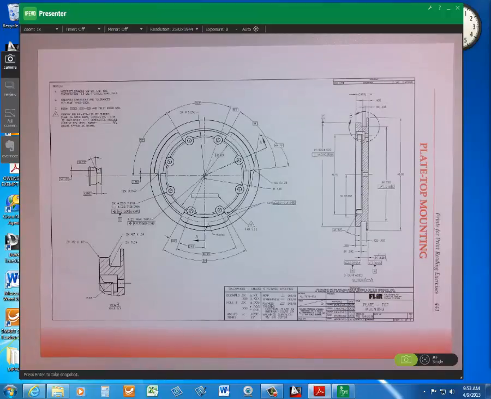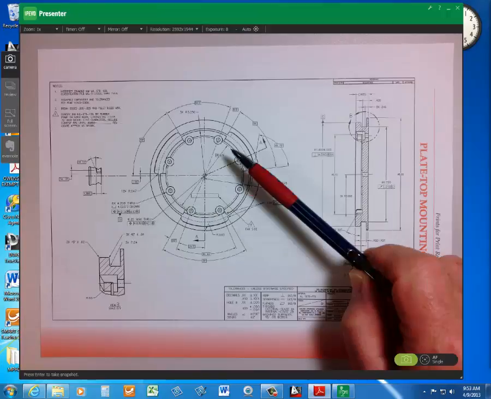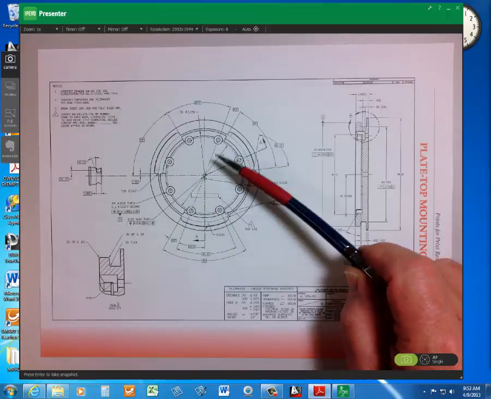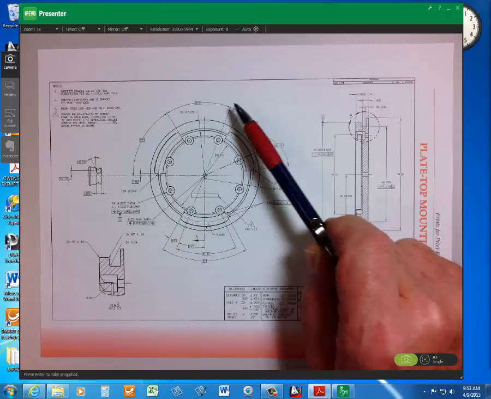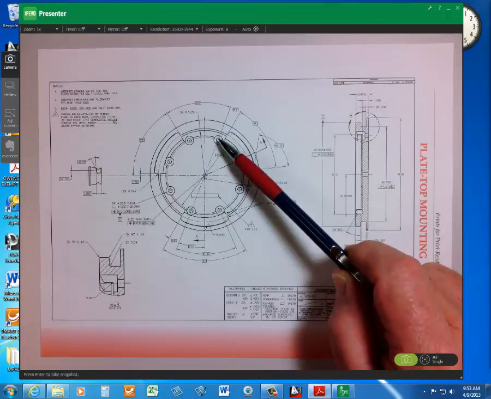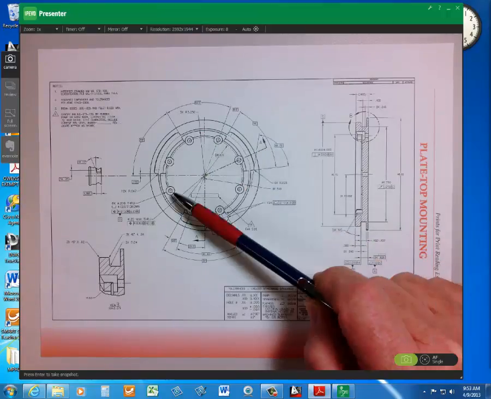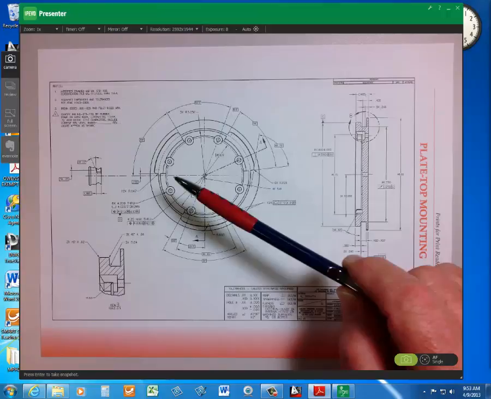Really? Kind of looks that way. You've got a diameter, and we've got an angle to locate that one. It's pointing at this one. There's 8 of them.